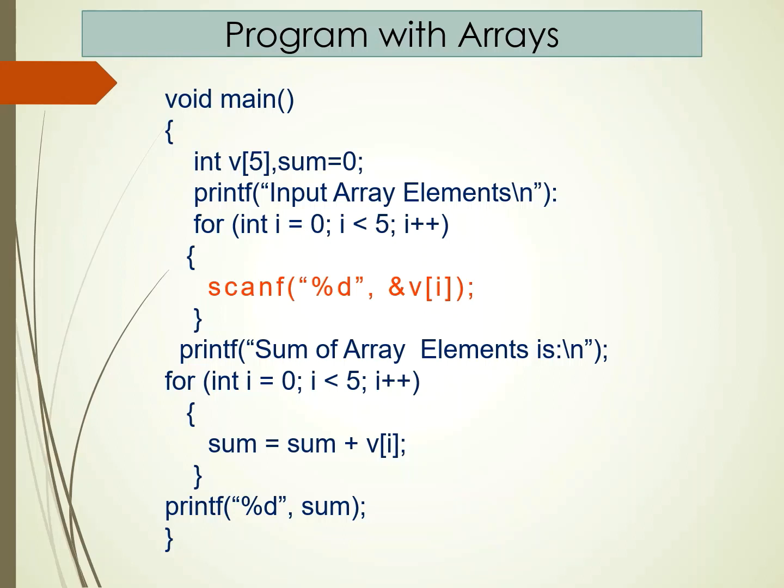Assume that the current I value is equal to 3. So the data we enter will be accepted and placed inside the location v3.